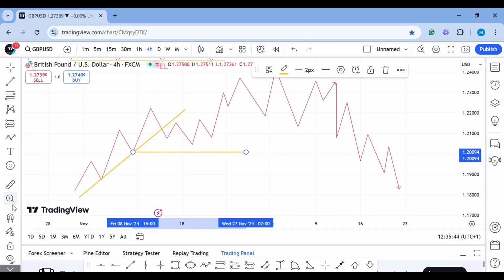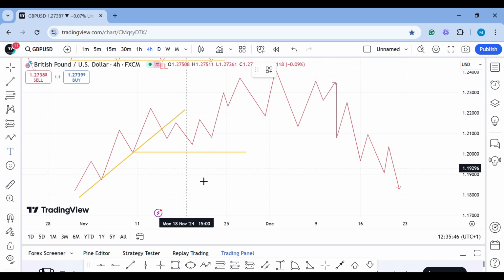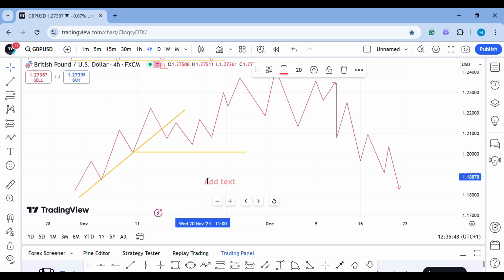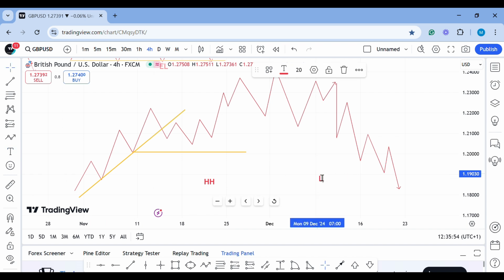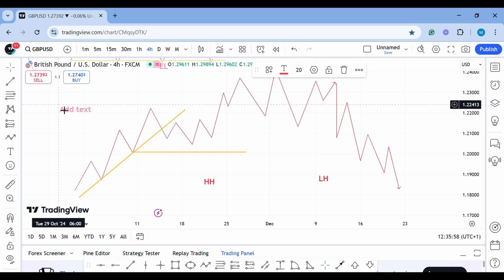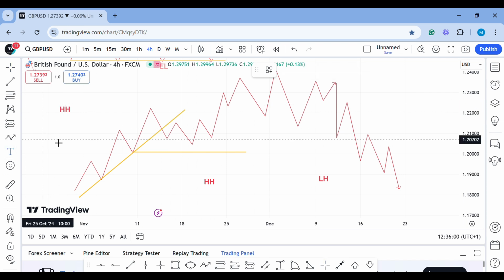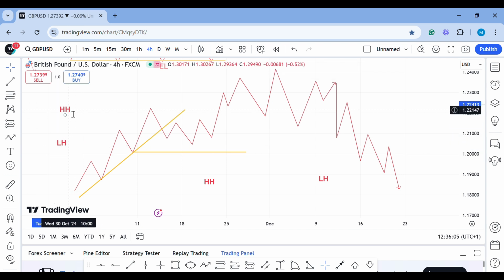Okay, let's just plot it so that you understand it better. Higher high, lower high, higher high, lower high. This is it.